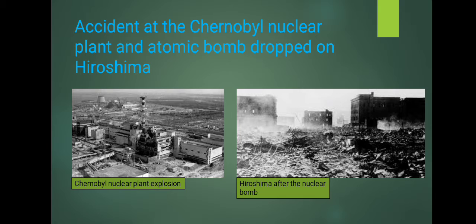Even today, after 30 years of the accident, the area continues to have high radiation. In some areas you can only stay for a few hours due to the high radiation. In fact, you can only enter that area with permission from the government and specify that if something happens to you, it was at your own risk.